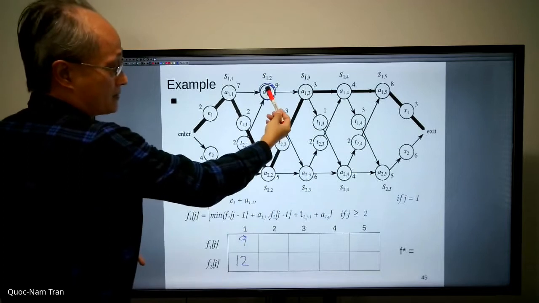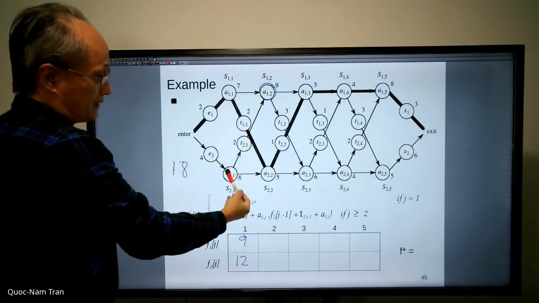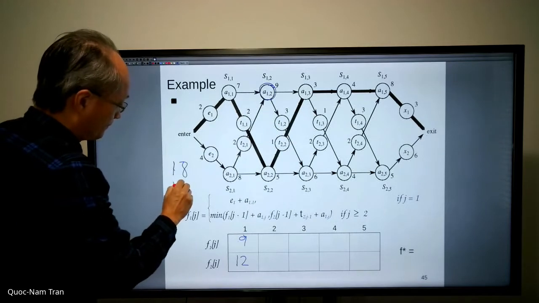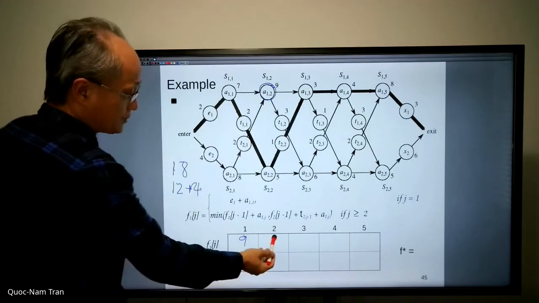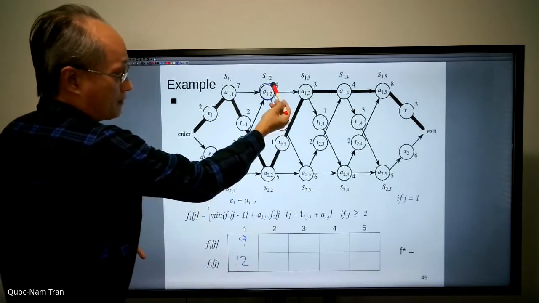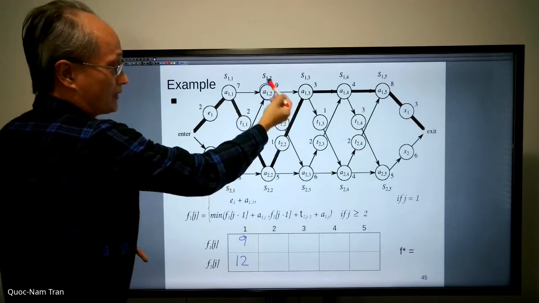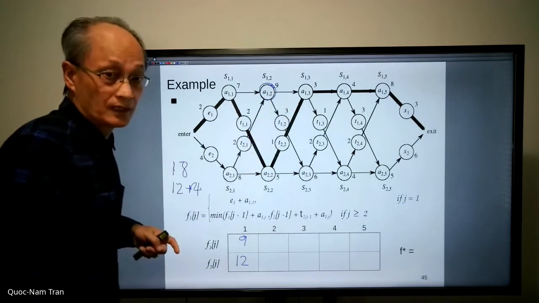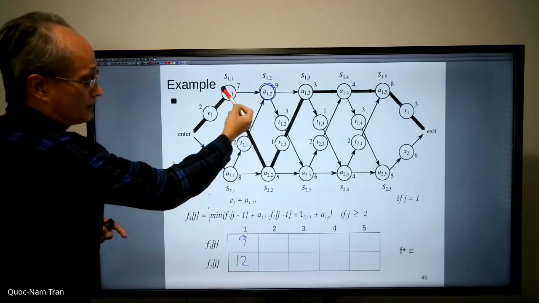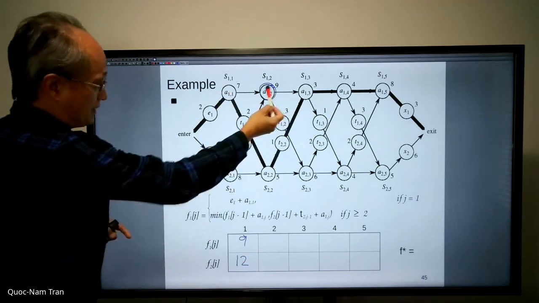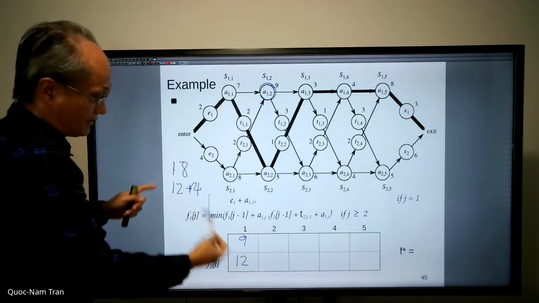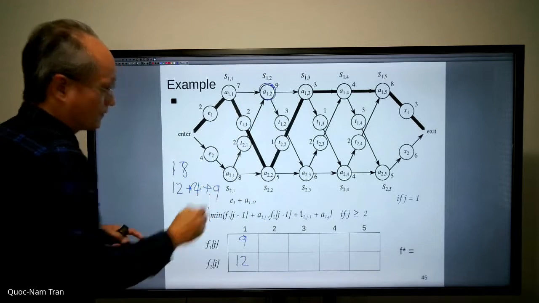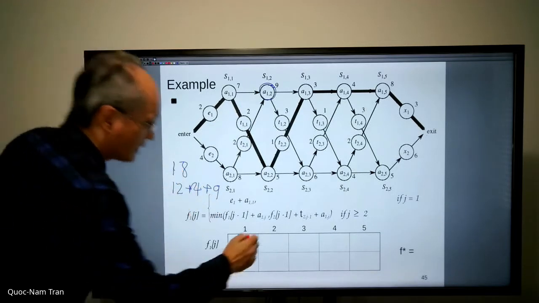The other way is to go through the other assembly line, that is f2,1, 12 plus 2 plus 9. So it's bigger than 18. So we have 18 here.